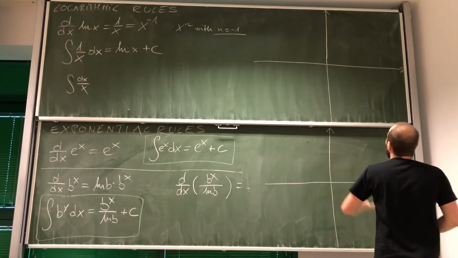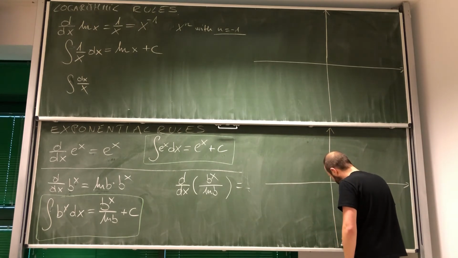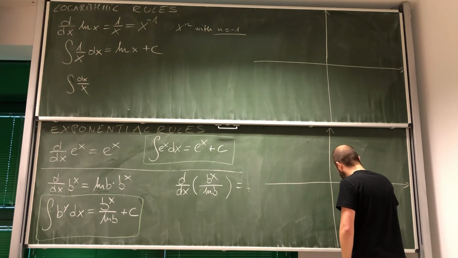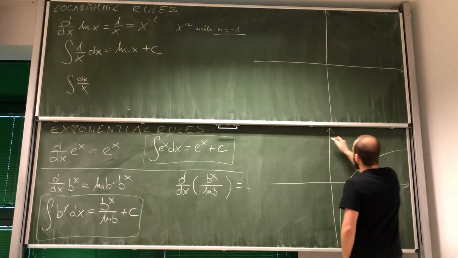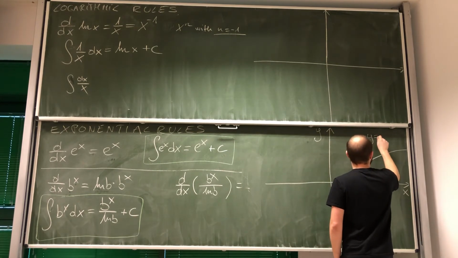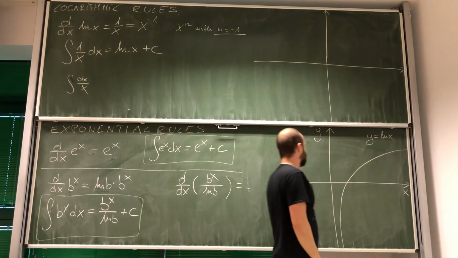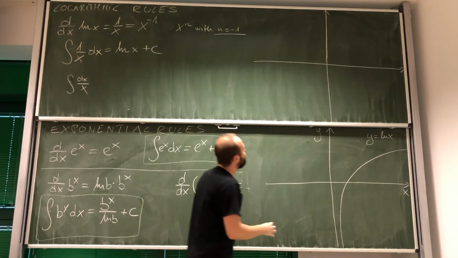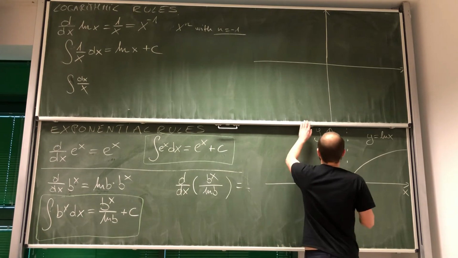So look, our first task was to find the derivative of the function y equals ln x, right? We know that this point is 1.